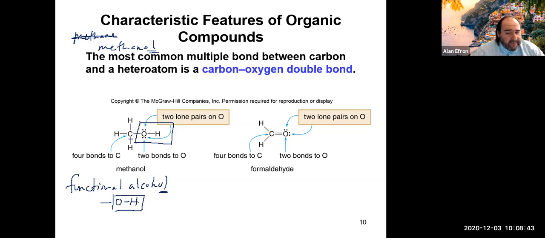The appearance of this functional group does give it a different property. We still have a non-polar part of the molecule here, but this OH group is a polar bond. And that gives something like methanol some different properties than, say, an alkane that just has carbons and hydrogens.